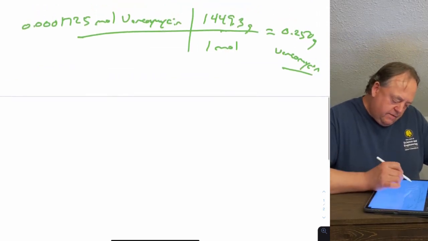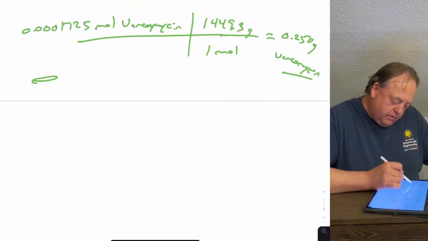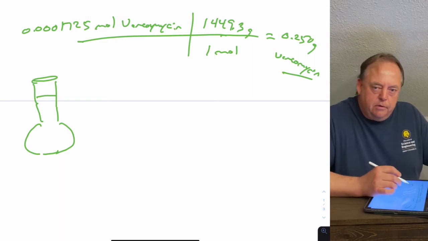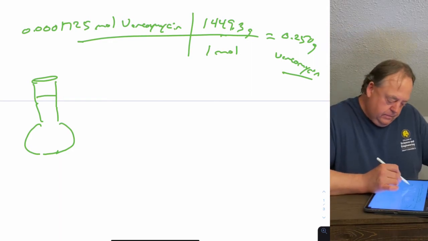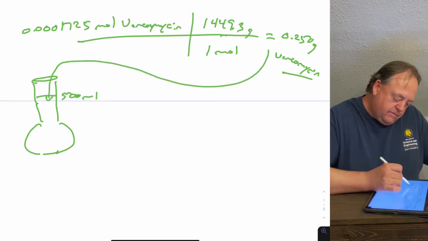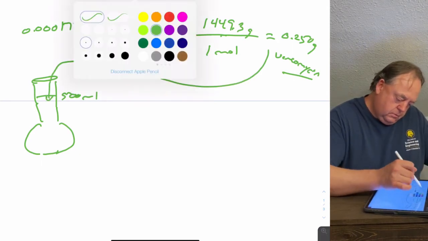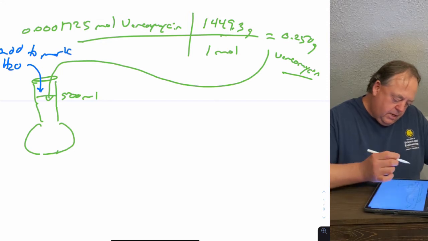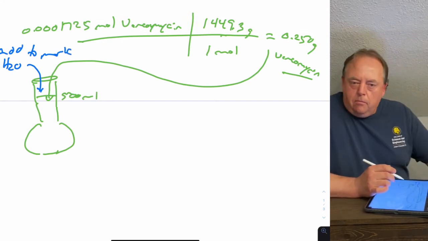So what you would do is take a volumetric flask. If you need 500 mL, you would grab a 500 mL volumetric flask. You would add the 0.25 grams of vancomycin to it, and then add water to the 500 mL mark.